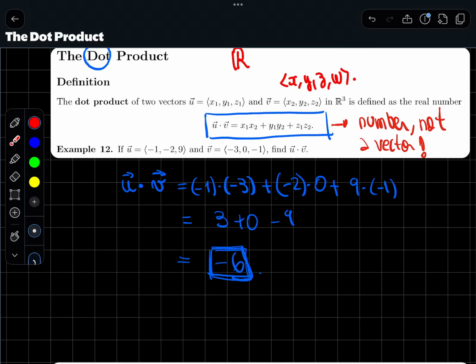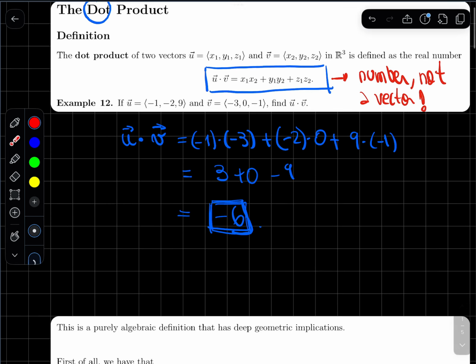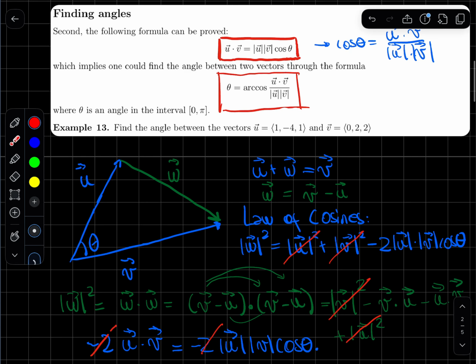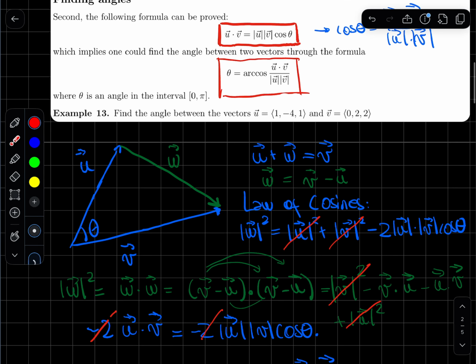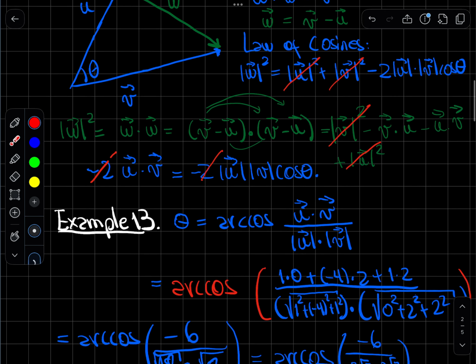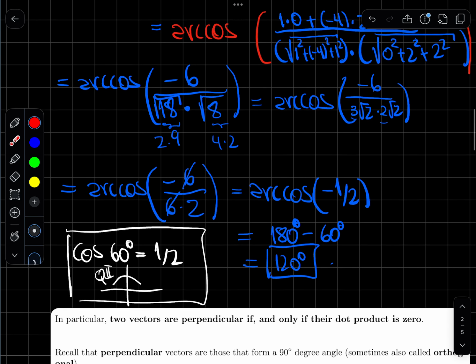So in dimension 4, vectors in dimension 4, you could just add a w1 times w2 here if necessary. And amazingly enough, you can still find the angle between 2 vectors in dimension 4 by making the same calculation, just adapting, adding an extra term for the dot product and for the magnitude of the 2 vectors. But we're not going to do that in this video.